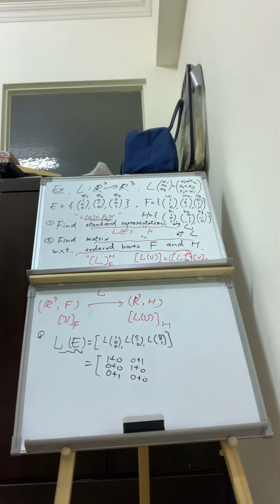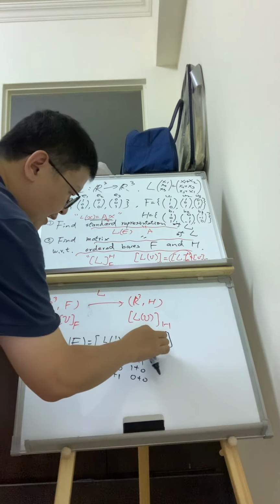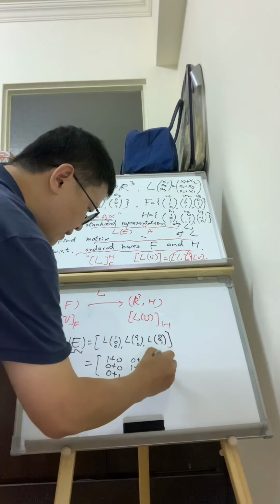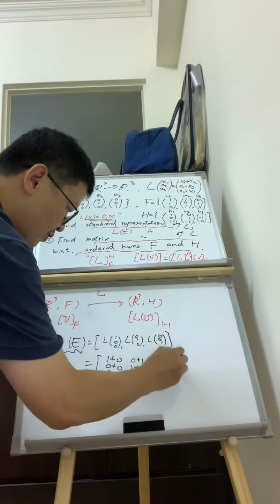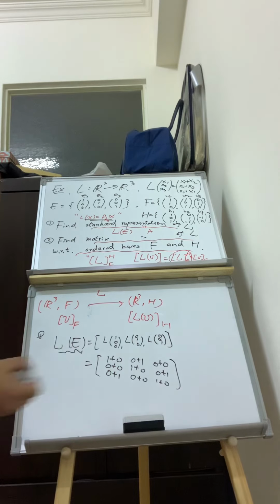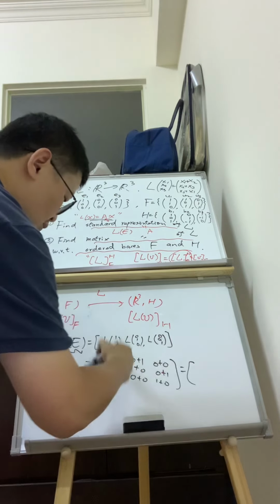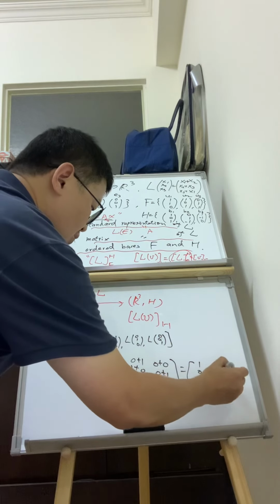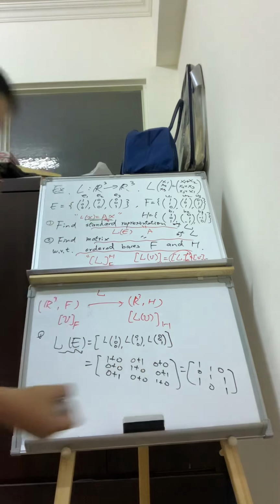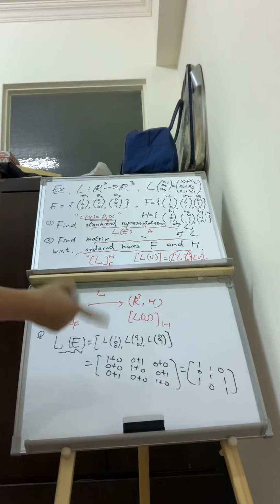And the last column is 0 plus 0, 0 plus 1, and 1 plus 0. Finally, it's equal to 101, 110, 011.